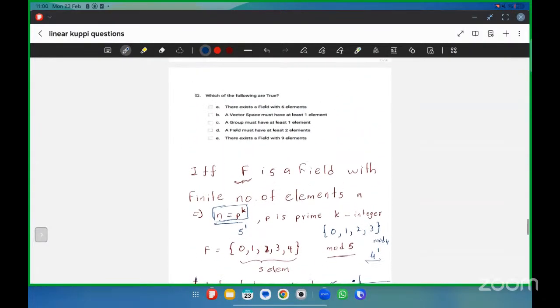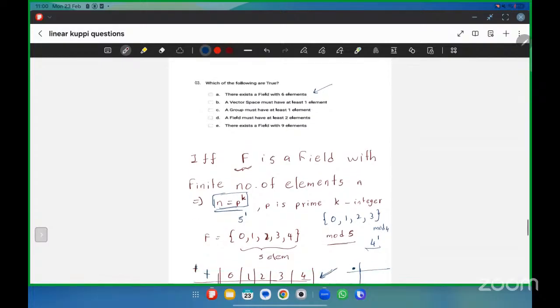So with this theorem, here the first one, we can write the negation. If we write the negation for this, we can tell it is not a field.